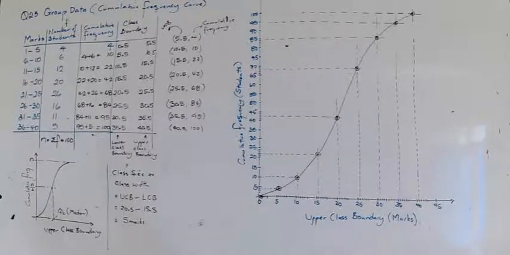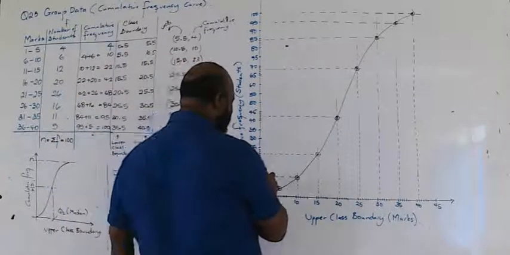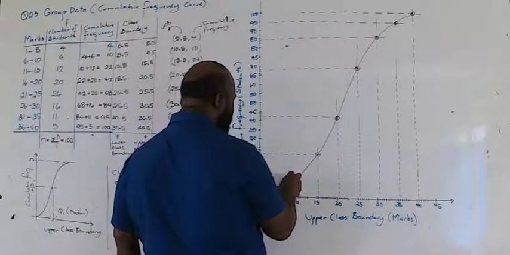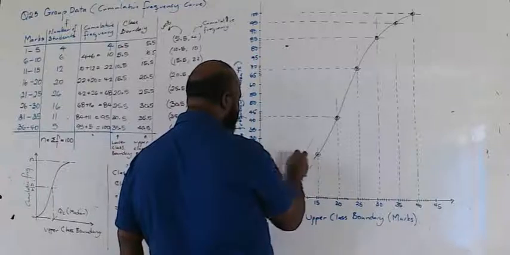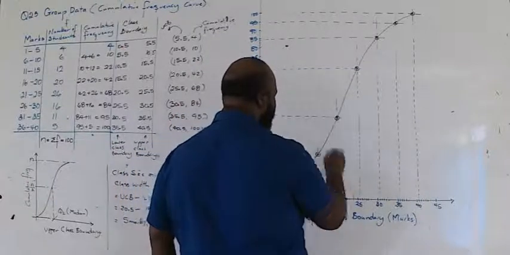C, part 1. From the cumulative frequency curve, determine the number of students who score at least 24 marks on the test. Now they're asking us to determine the number of students who score at least 24 marks on the test. I'm going to erase these lines because I don't want them to confuse anything.